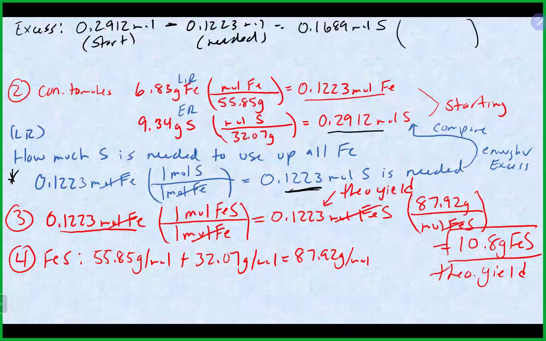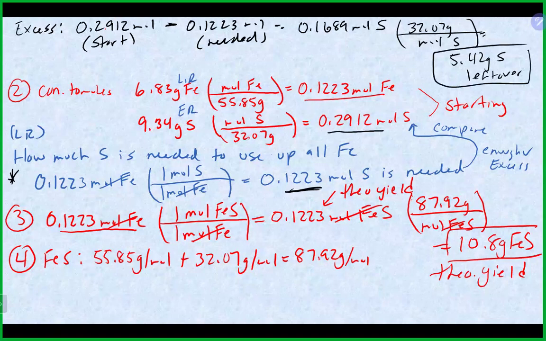If we use the molar mass of sulfur, 32.07 grams per mole, we will have left over about 5.42 grams of sulfur in this particular case.